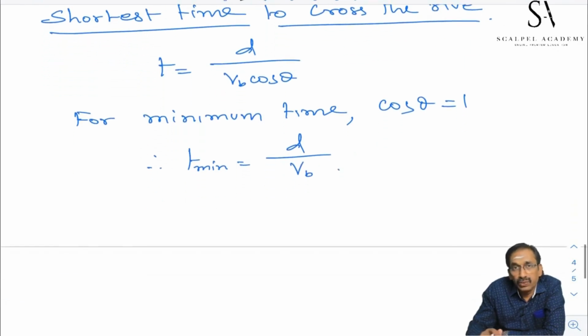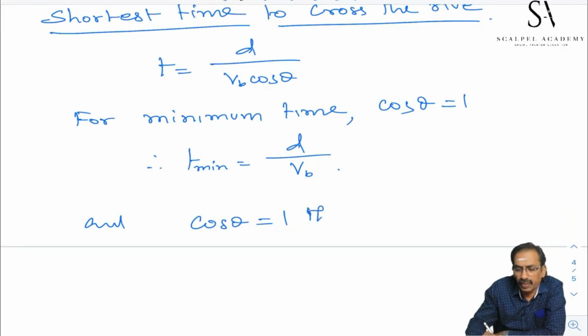Then what is the angle through which the boat has to be rowed? If cos theta is equal to 1, then theta is equal to 0.